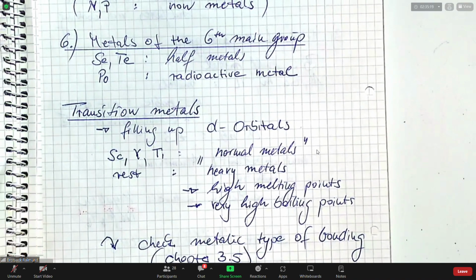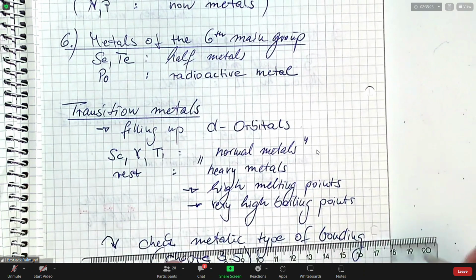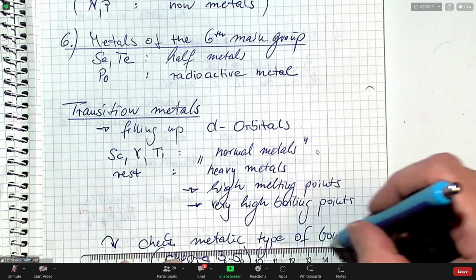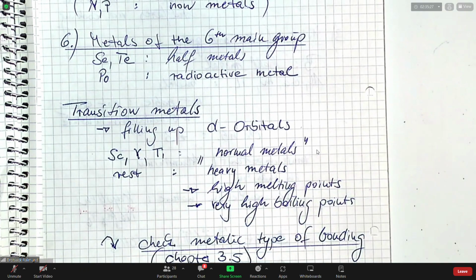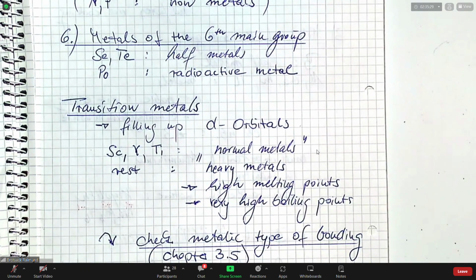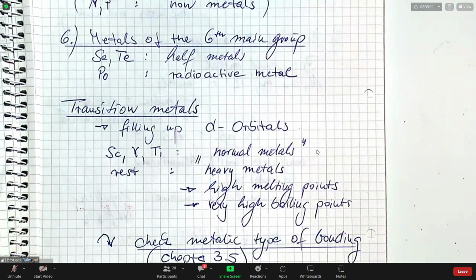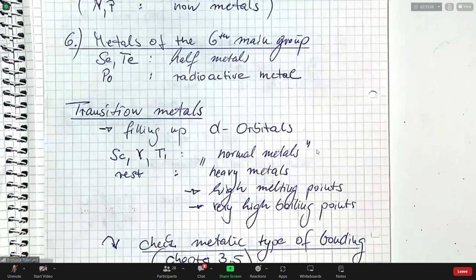Check it once more, but you should find it in the third chapter where we talked about different types of chemical bonding. And we do not repeat that in here. It's related to metals, but we already talked about that.